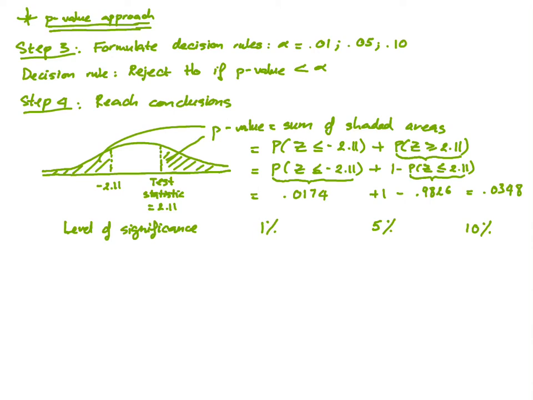Alpha is therefore, as we have mentioned, 0.01, 0.05, and then 0.1. The p-value is the value we just calculated. So the p-value is 0.0348.